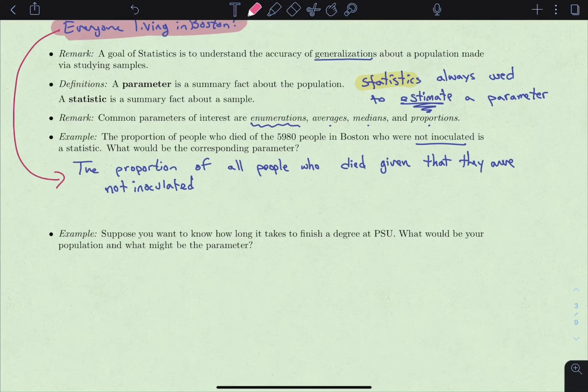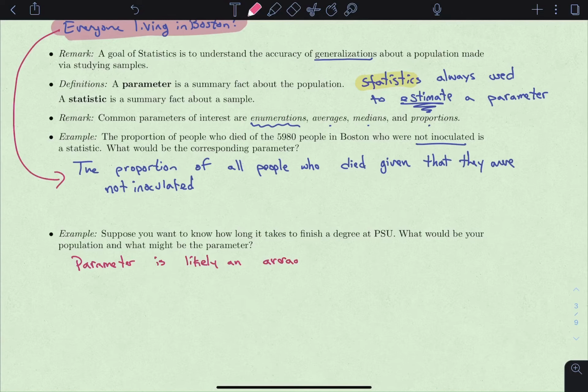And here's a final question that is a little bit less morbid. Suppose you want to know how long it takes to finish a degree at Portland State. What would be your population and what might be the parameter? Right, so like imagine that you are going to create a brochure that says it takes this long to finish at Portland State for maybe incoming freshmen. So your parameter is likely an average.